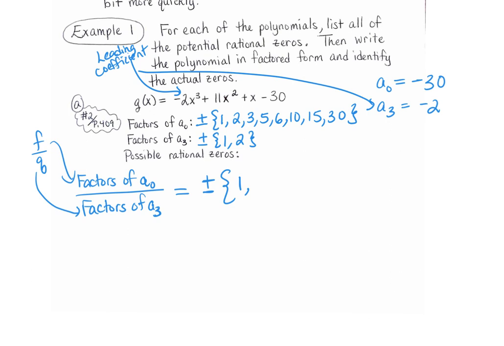If you take anything divided by 1, you get the number, right? So tell me what to list. 1, 2, 3, 5, 6, 10, 15, 30. Good. So that consists of taking all of these numbers and dividing it by 1.